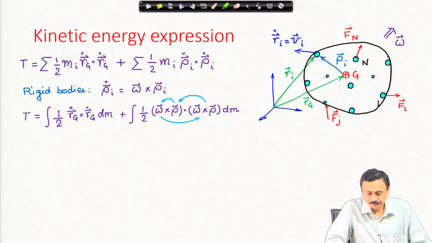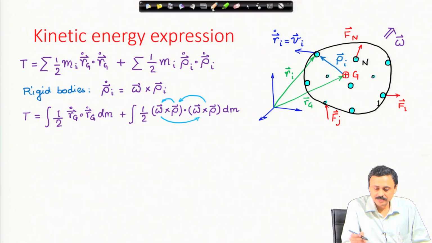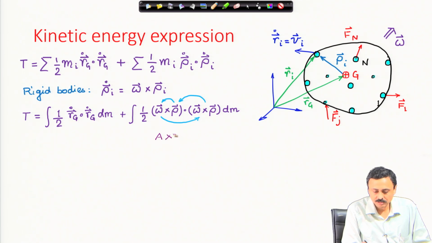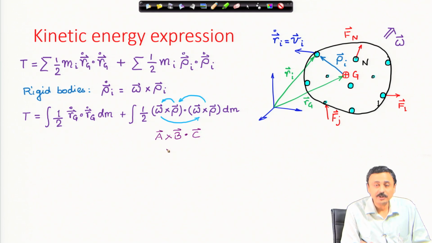Now, here I can look at this term as a scalar triple product. I see that this is A cross B dot C. This is a scalar triple product, and this can be written by rotational permutation.